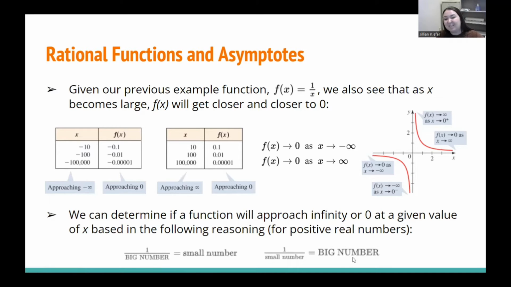But that's not what happens a little bit later on. 1 over some small number will give us a really big number. If we're dividing by some number that is just super close to 0, we're basically going to positive or negative infinity. So that's the reasoning that we can use if we want to know where our function is going, say, close to 0 or infinity.